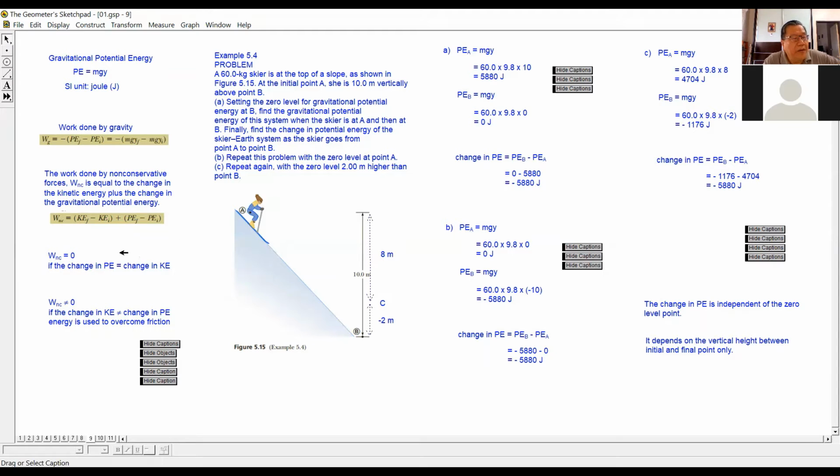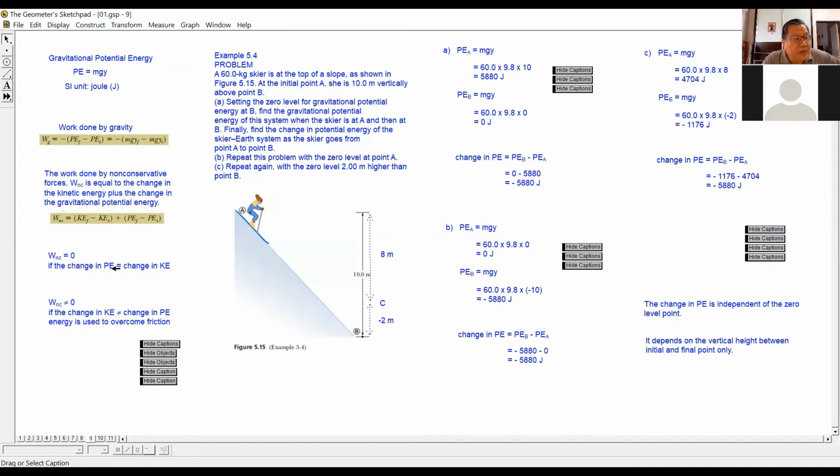In other words, non-conservative work done is zero. When the non-conservative work done is zero, that means there's no frictional force.